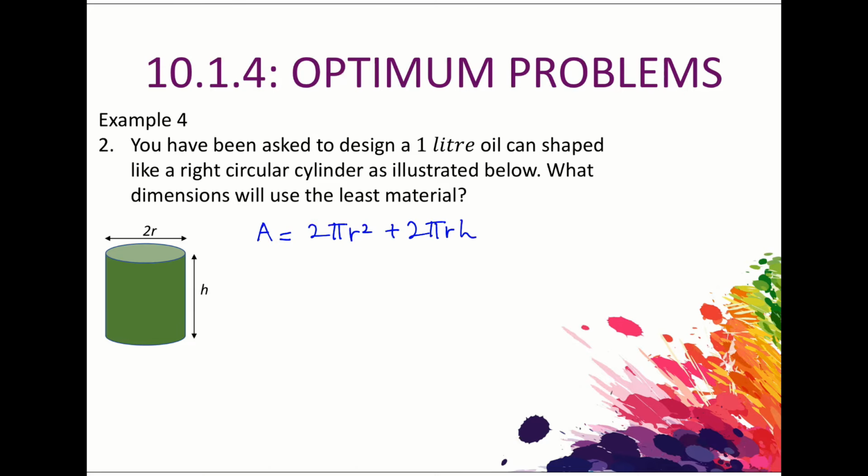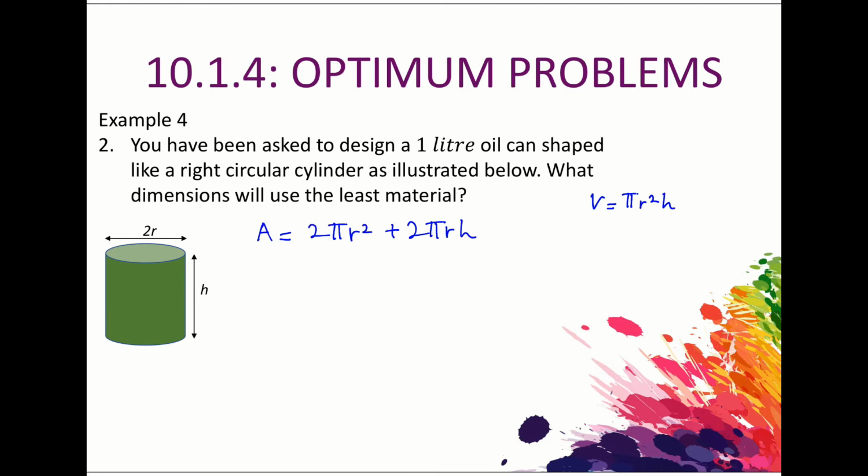So in order to do that, we need to express either r in terms of h or h in terms of r. We can do that by using the equation of volume of the cylinder, which is V equals pi r squared h.